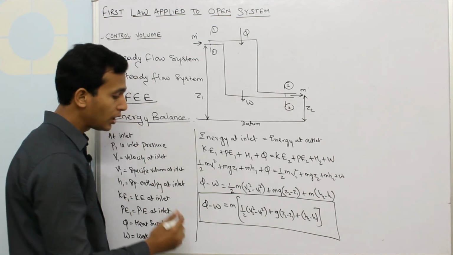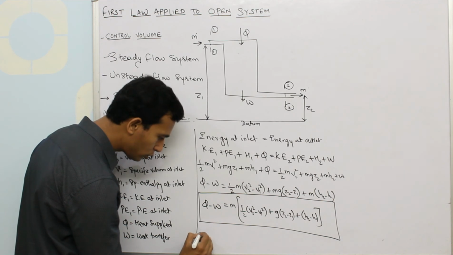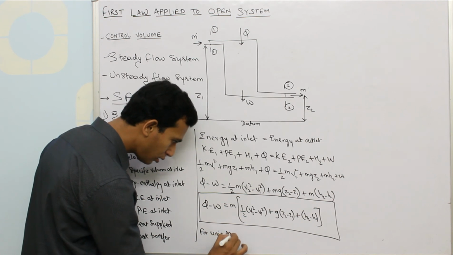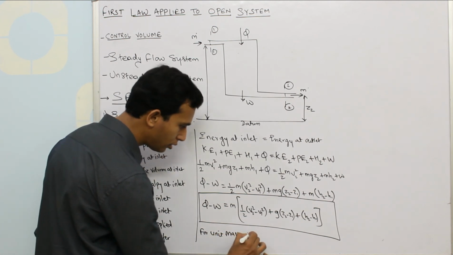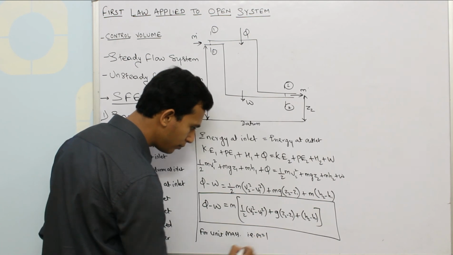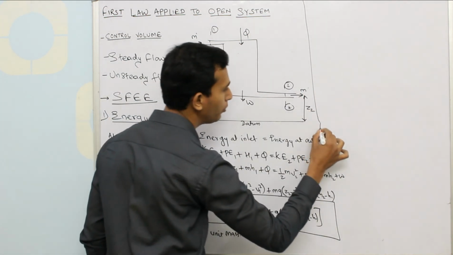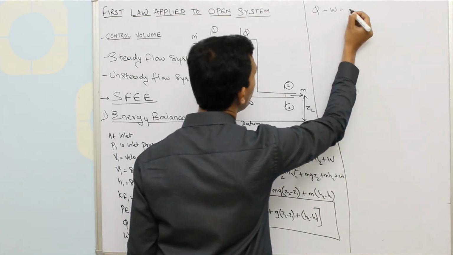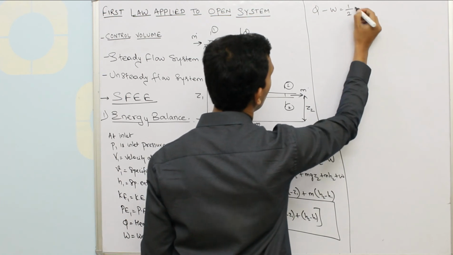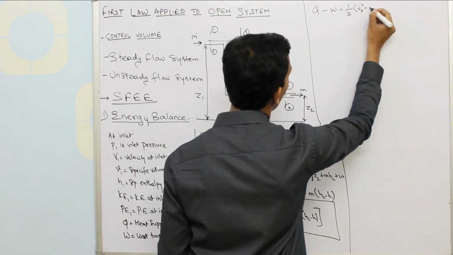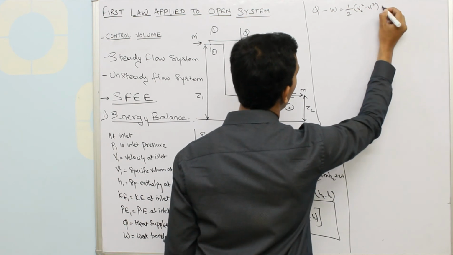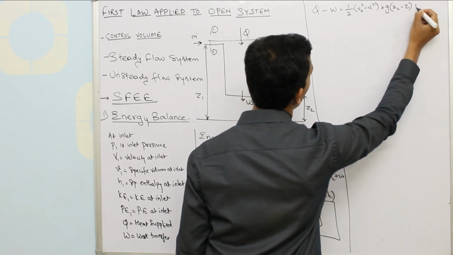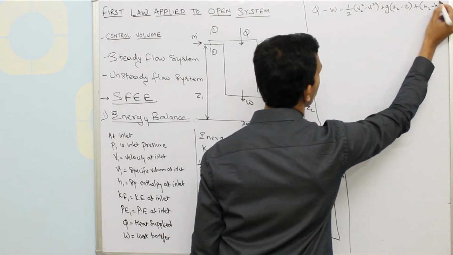Now this is the energy balance equation for the steady flow energy equation, that is, on an energy basis. Now if I keep m equal to 1, that is for unit mass, then the equation becomes q minus w is equal to half v2 square minus v1 square plus g into bracket z2 minus z1 plus h2 minus h1.